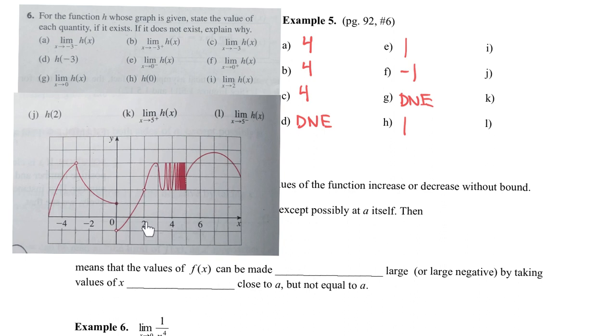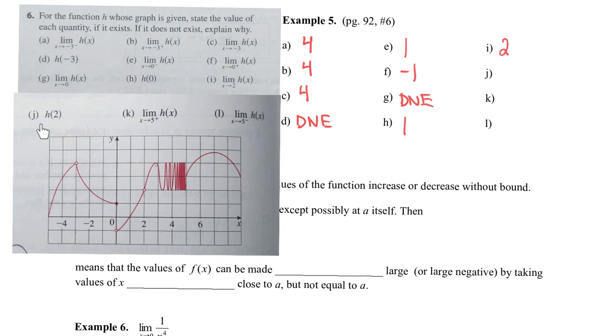The fact that the function doesn't exist at 2 doesn't matter, because remember, we don't care what happens at 2. The limit of h of x as x approaches 2. But you can see that as we get really close to 2, we can make this function be as close to a y value of 2 as we want to. So the answer for part I is 2.